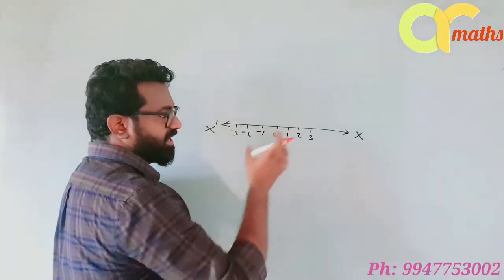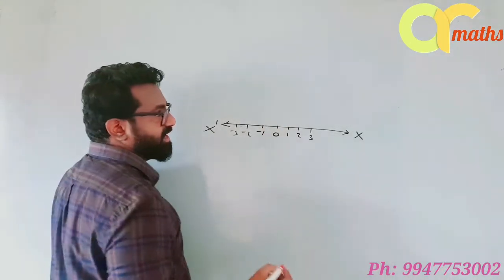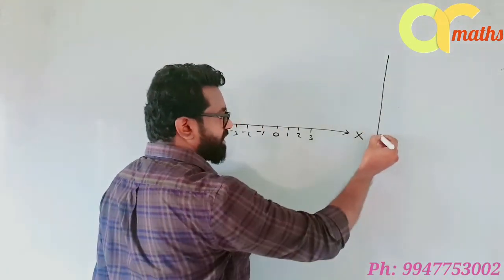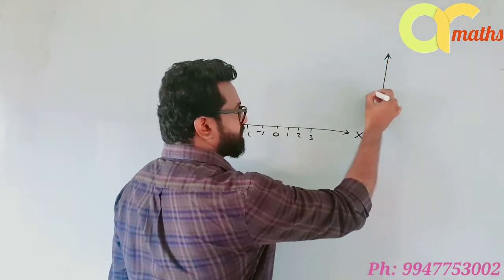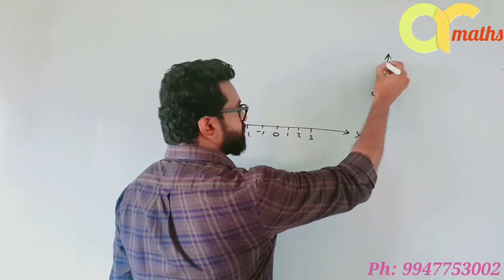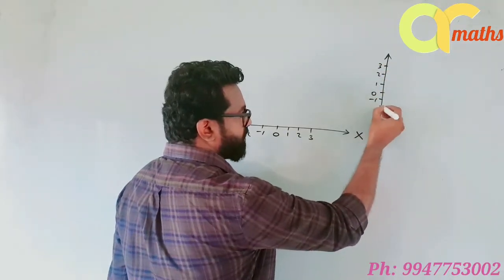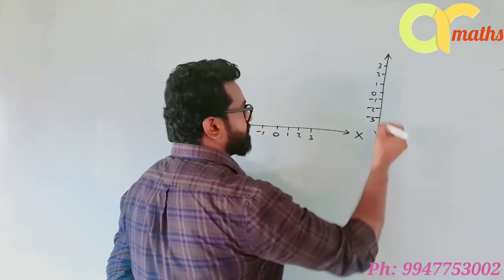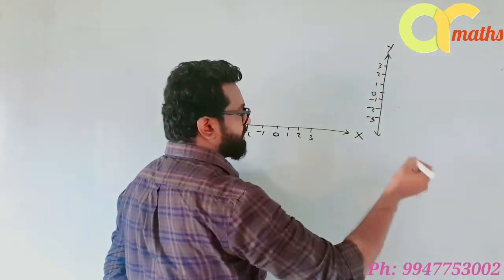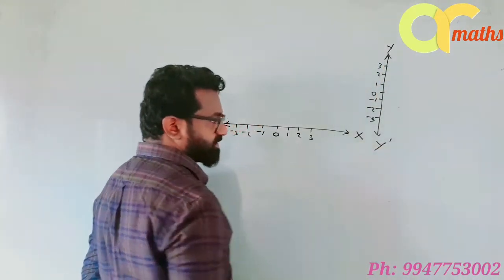So, this is the x axis. Next, a vertical line is known as y axis, 0, 1, 2, 3, etc. -1, -2, -3, etc. The positive side is known as y and the negative side is known as y dash.